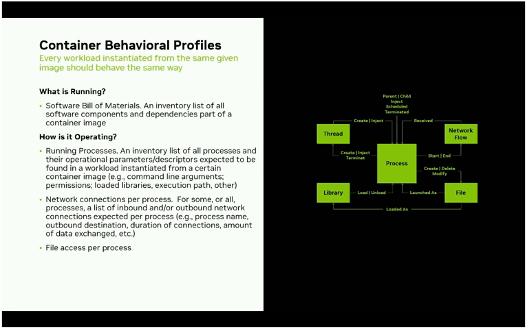It also means that if we build a profile or a set of profiles that describe the behavior of the container, we are able to follow this set of profiles as long as we are looking at the same containers that were created from that same image in the repository.